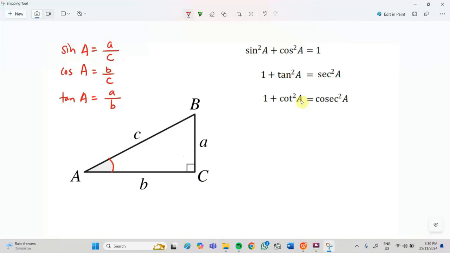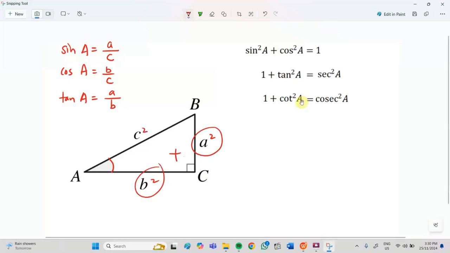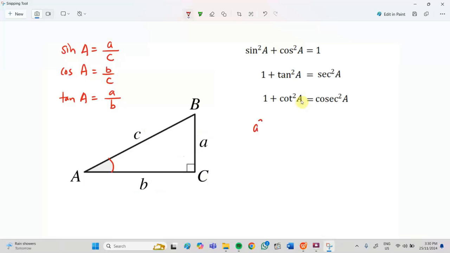Then we need to use the Pythagoras theorem, which states that the sum of the squares of the two sides, a squared and b squared, when added up, gives the square of the hypotenuse. So I'm going to write this down at the side: by Pythagoras theorem, a squared plus b squared equals c squared.